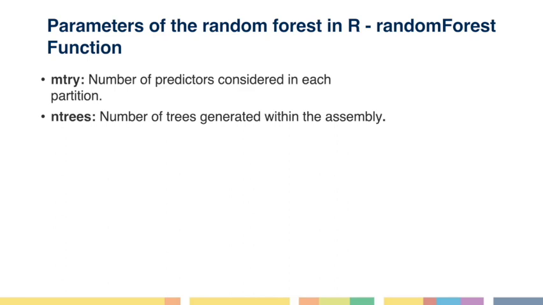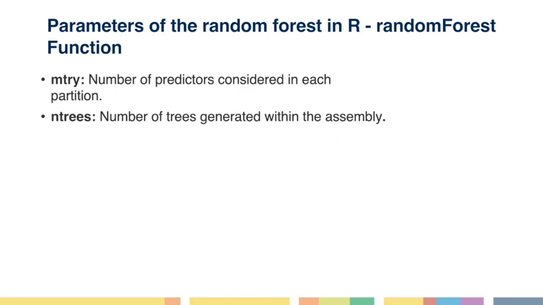Regarding the parameters that we've got to consider in random forest, the most famous ones are the ones from the randomForest package in R. We have mtry, which is the number of predictors considered in each partition. So within the construction of each one of the trees, we can vary the amount of predictors that we choose randomly, either 2, 3, or 4, depending on the variables that we have taken into consideration.